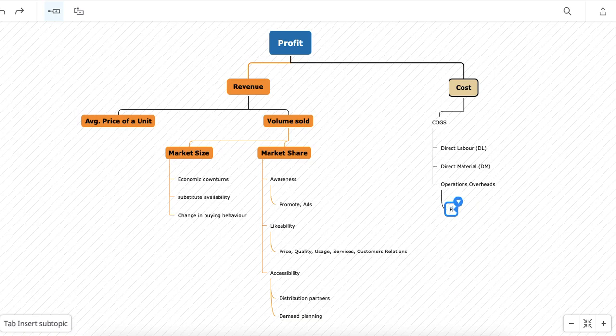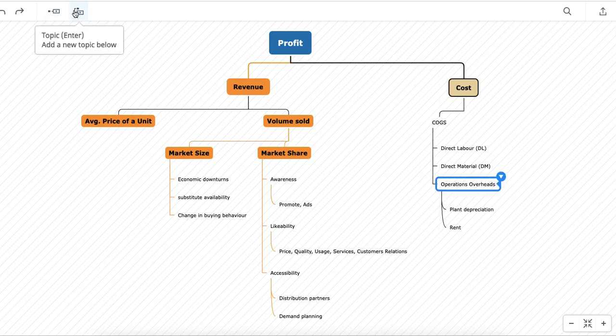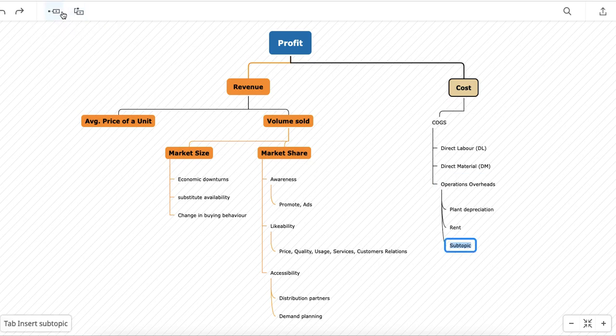It is basically your plant depreciation if you have a plant, or if you have some office spaces, then the rent of the spaces, and if you are using some common utilities which cannot be earmarked to a specific product, but are used by all the product lines, then those utilities will also come here in overheads.